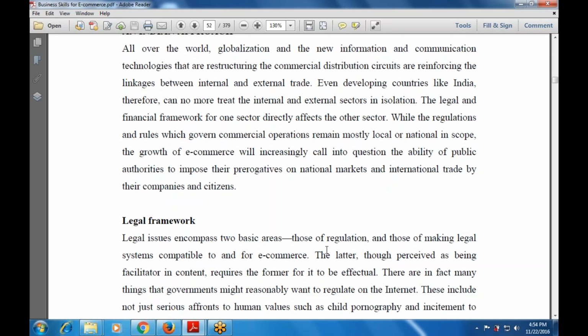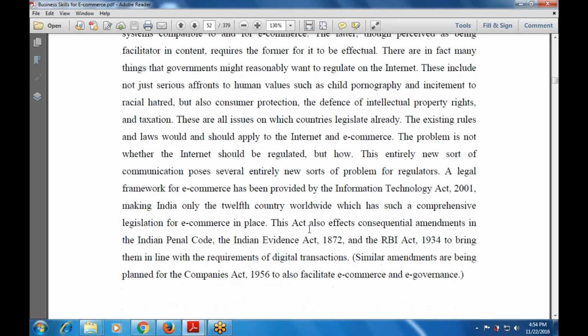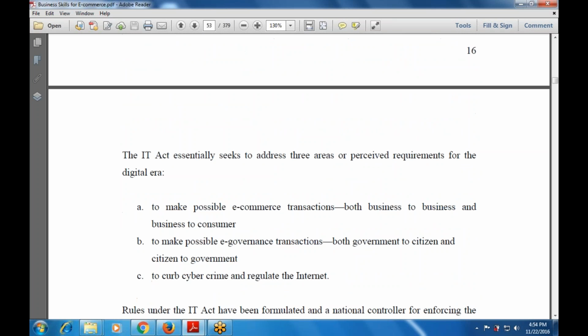That is also perceived as a facilitator, as the content requires a formal form to be effectual. And there are in fact many things that government might reasonably want to regulate over the internet. The IT Act essentially seeks to address three areas or perceived requirements for the digital era to make possible e-commerce transactions, both business to business and business to consumer.